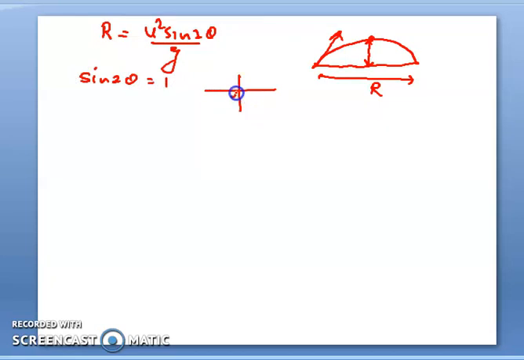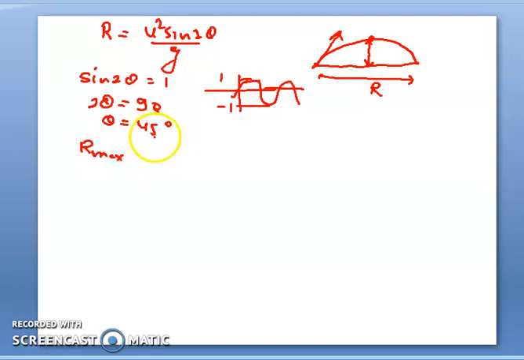If you see the graphical representation of sine also, the maximum is 1 and the minimum is minus 1. That means 2 theta is equal to 90, because sin 90 is 1, and theta is equal to 45 degrees. So range will be maximum at an angle of 45 degrees, and the maximum range is equal to u square upon g. So if I throw a ball at 45 degrees, then the maximum range is equal to u square upon g.